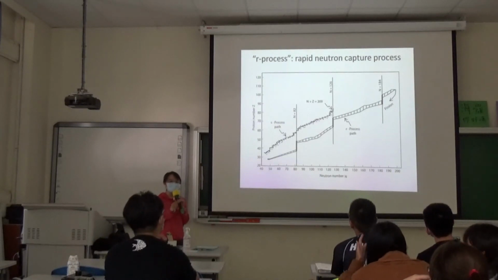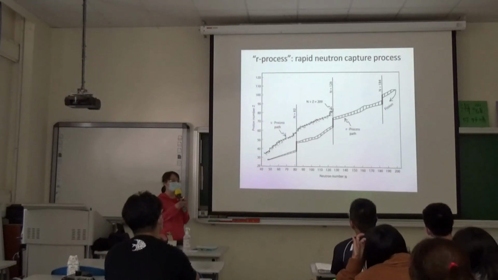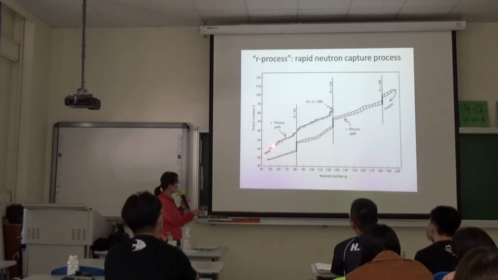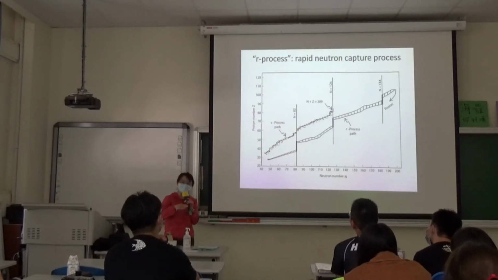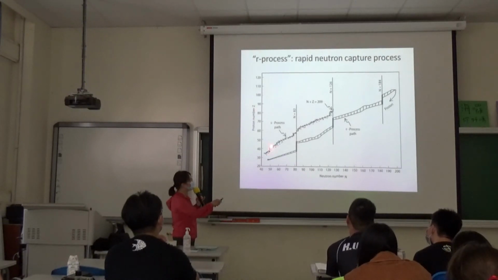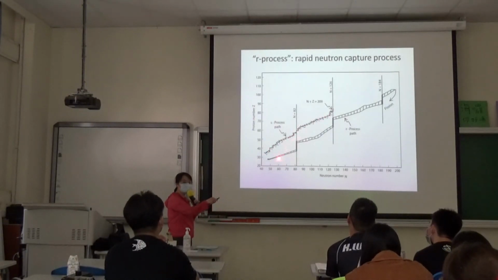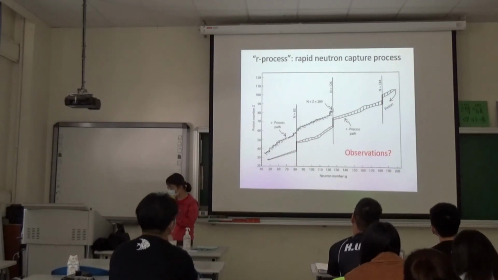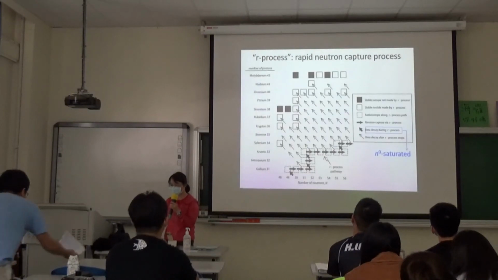It looks like the band of stability because, as Kevin said, in the S process, the nucleus will closely follow the track of the band of stability because it's a slow process. But these are all mostly radioisotopes.